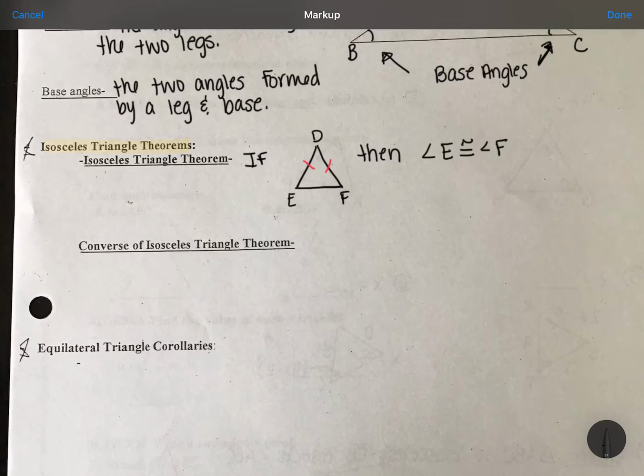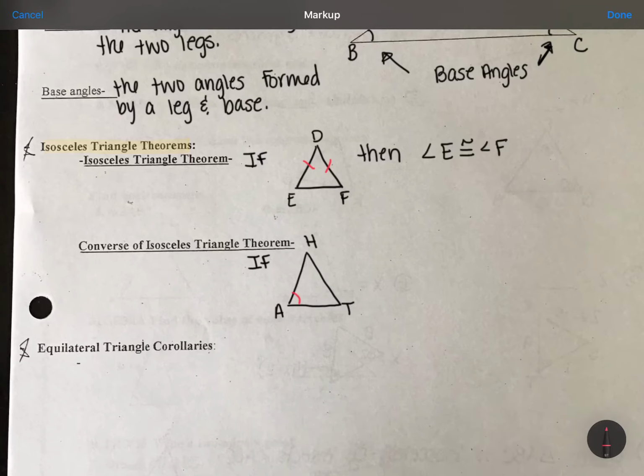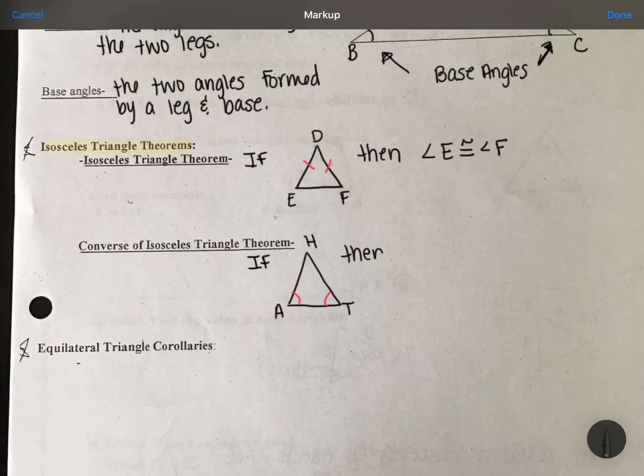The converse is the opposite of that, meaning if I have a triangle, we'll call HAT, and I know that angle A is congruent to angle T, then I can conclude the sides opposite those angles are congruent.